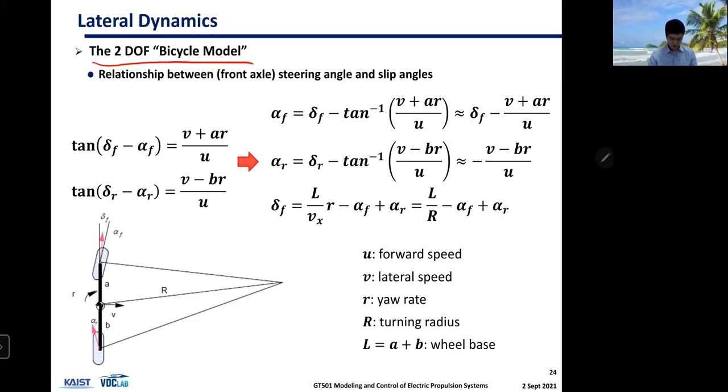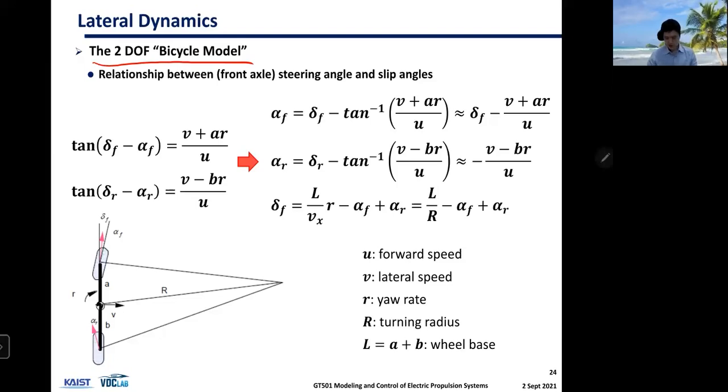And the vehicle is modeled by a bicycle model. So if you model your vehicle in this simplified manner, you can get a pretty simplified, manageable model.